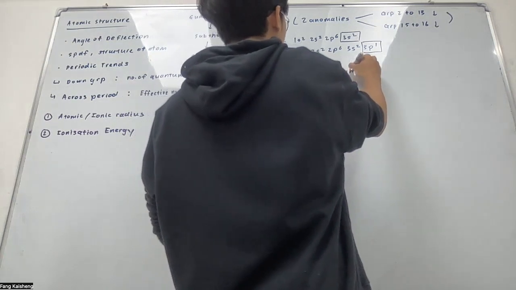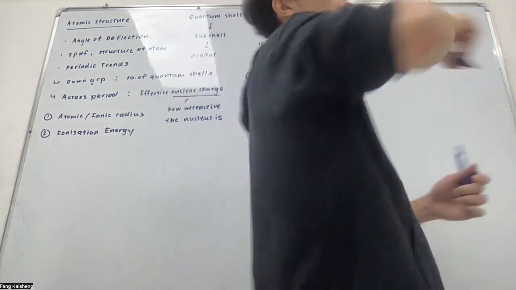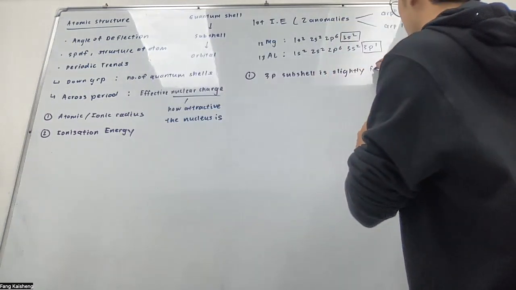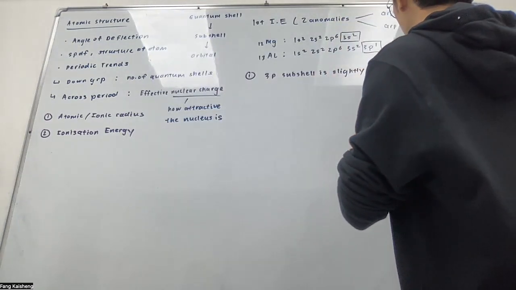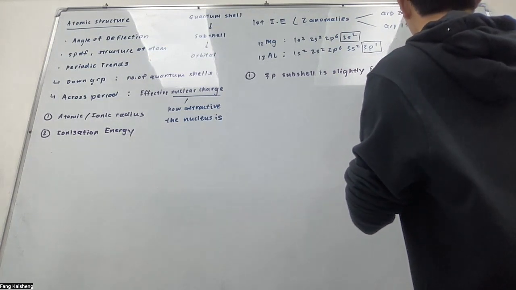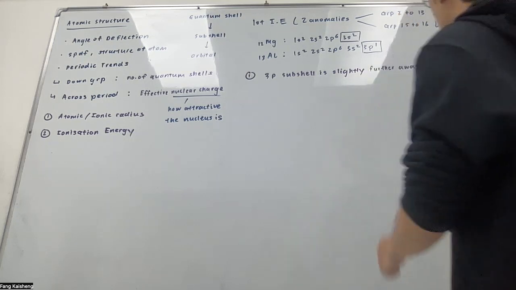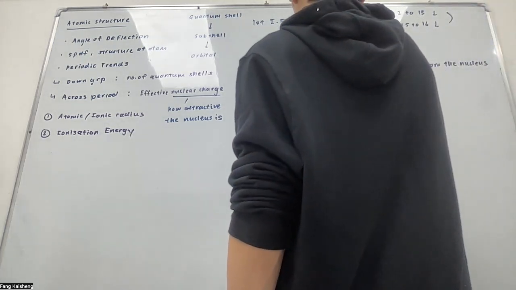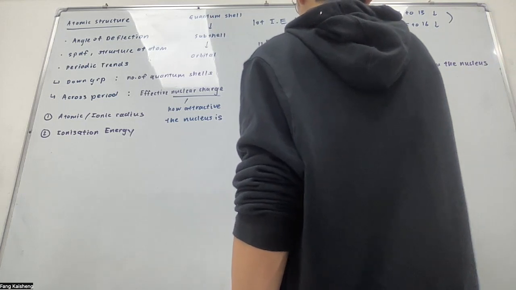Now don't write just "further away", because that one usually is for the quantum shell. The main shell is further away, but the 3p subshell only slightly. So slightly further away from the nucleus. Okay, then the 3s subshell. That's why you all must use the correct terms. You all have one orbital over there wrong.